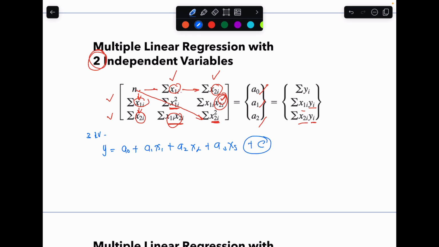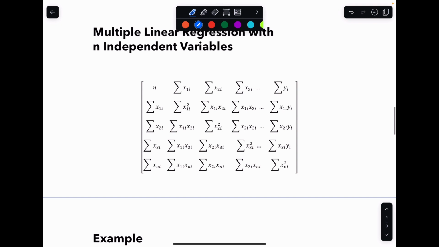But usually we don't consider that anymore, although we can compute the correlation coefficient, which depends on the residual error for the given regression line. So how do we form the matrix? If it is three independent variables, actually we have here the matrix for n independent variables. As I have mentioned, in this case there are n independent variables.